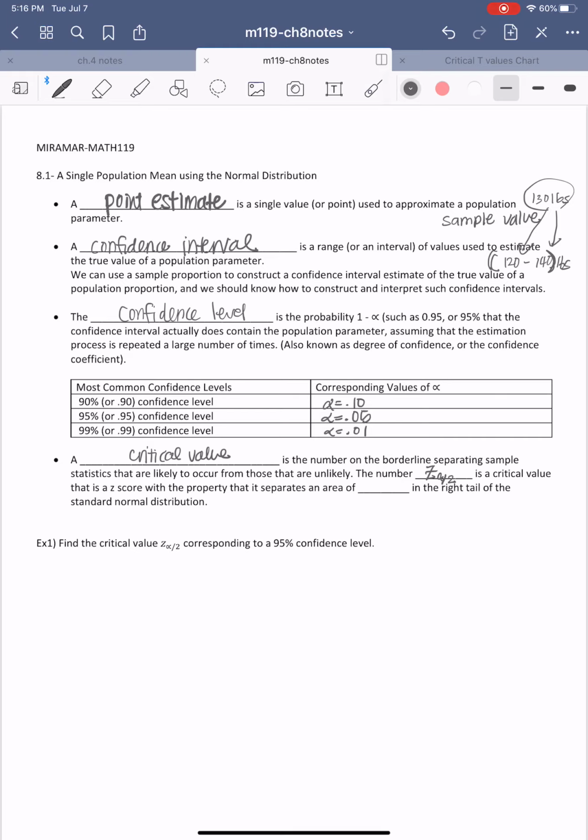It deals with the z-score. Recall that the z-score comes from the normal distribution, with the property that it separates an area of alpha over 2 in the right tail of the standard normal distribution. Now this term has a lot of information. We have the notation z alpha over 2. It's a z-score. And then what does it mean, separates the area alpha over 2 in the right tail of the standard normal distribution?